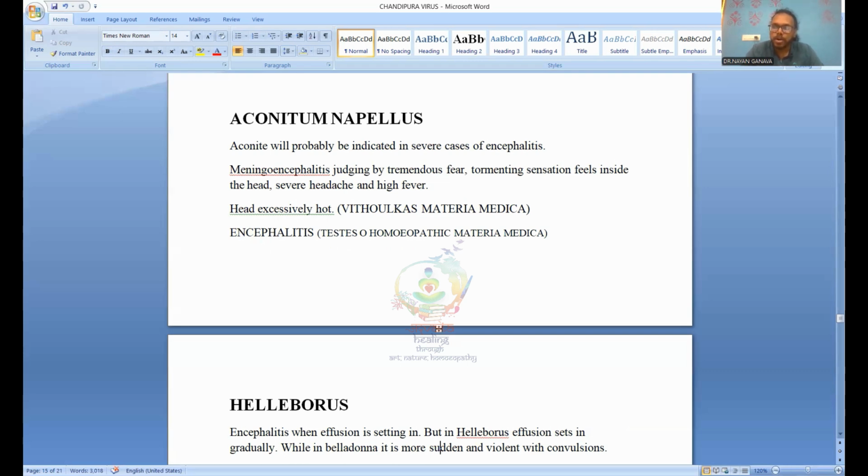Head excessively hot, that is what is written by Vithoulkas, Materia Medica, and then Homeopathic Materia Medica has confirmed again that it has some role in encephalitis.